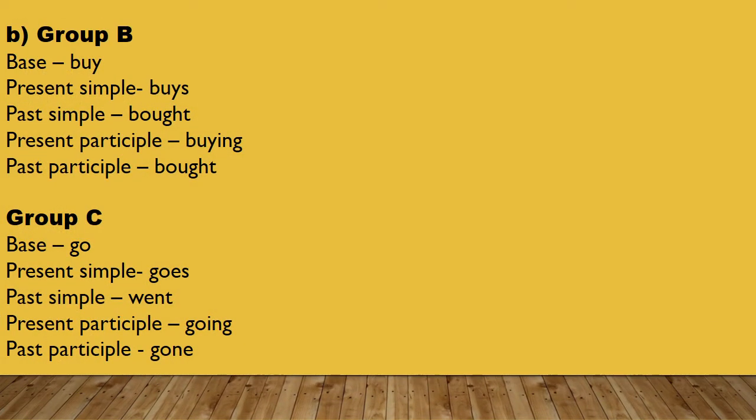Group B. The base is buy. The present simple of buy is buys. The past simple of buy is bought.